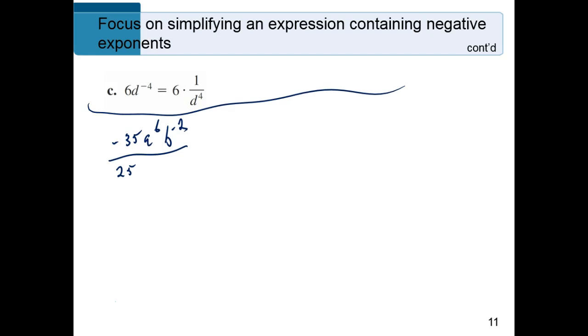What was the question? You said is that a to the 6? a to the 6, yes. Sorry about that. My hearing is so terrible. Okay. The denominator is 25 a to the negative 2nd, b to the 5th. Okay?